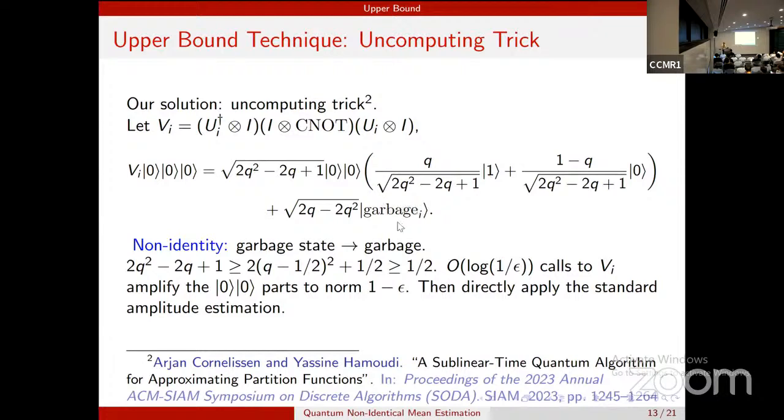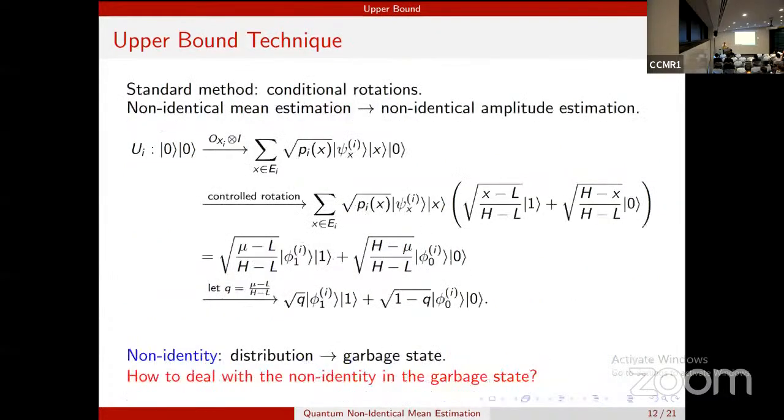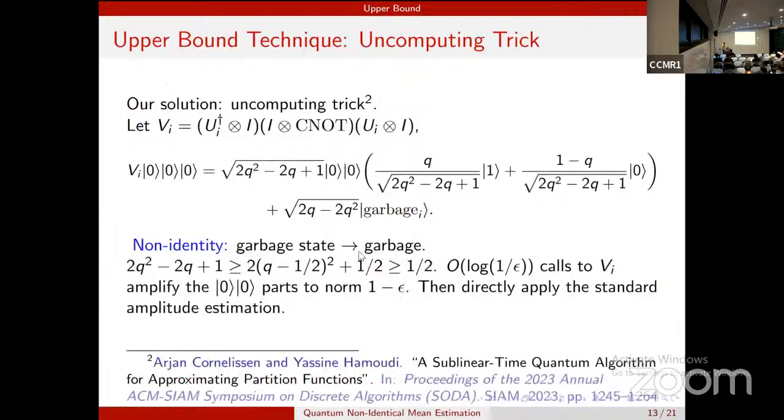And the second part is totally garbage, and it gathers all the non-identity in the quantum random variable. And in this garbage, the first two registers are orthogonal to the 0, 0. So the first and the second component are orthogonal.